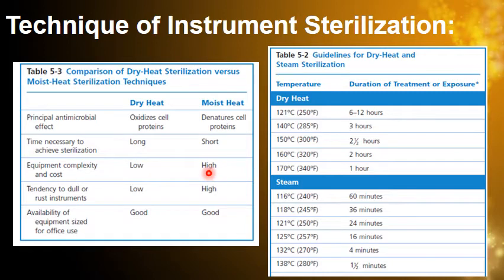The equipment complexity and cost is low for dry heat, but high, complex and costly for moist heat. Tendency to dull or rust instruments: for dry heat it is low, while for moist heat it is high. As for the availability of equipment size for office use, they are both available in office-sized equipment.